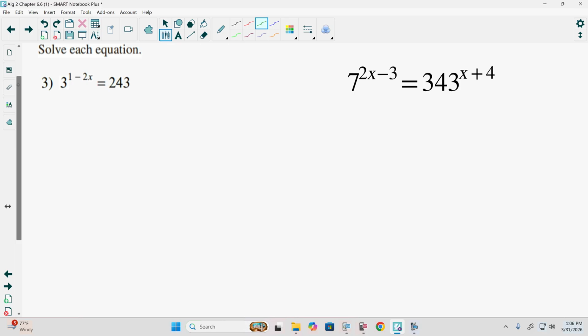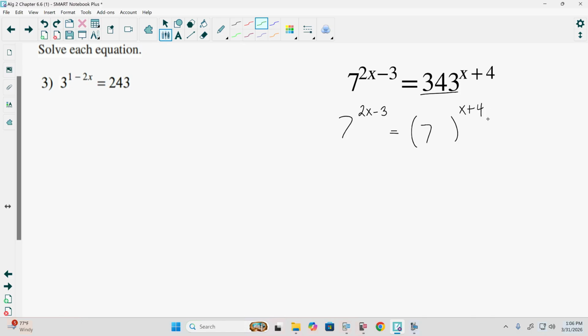We'll look at one more. Which one do y'all want to look at? The 7 one? Yeah, because the bases are not the same. And interestingly enough, what base do we want to write 343 as? 7.